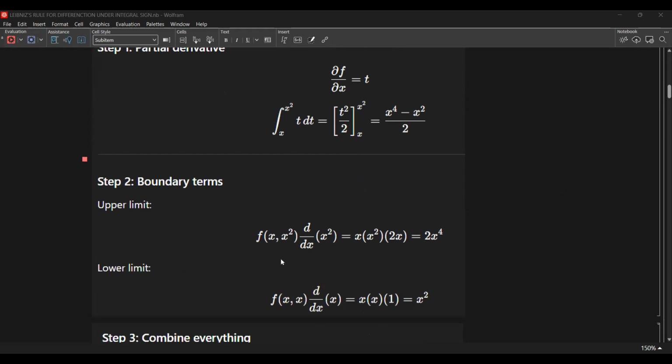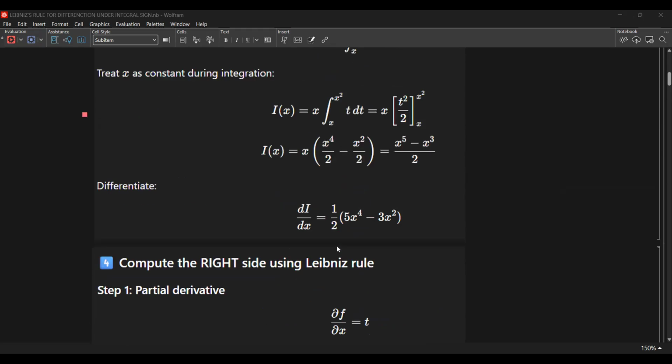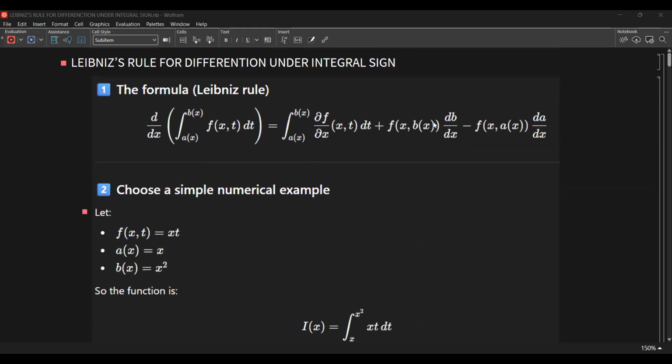And we have the boundary terms here. f at the upper limit, f of x squared times the derivative of x squared. So by using this part here, the derivative of b with respect to x and the derivative of a with respect to x, and we have f of x, b of x here.